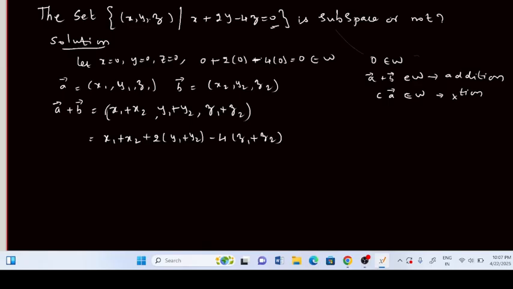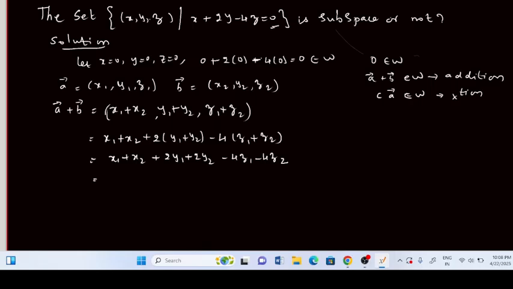Now we multiply and split the terms: 2 times y1 plus 2 times y2, minus 4 times z1 minus 4 times z2.